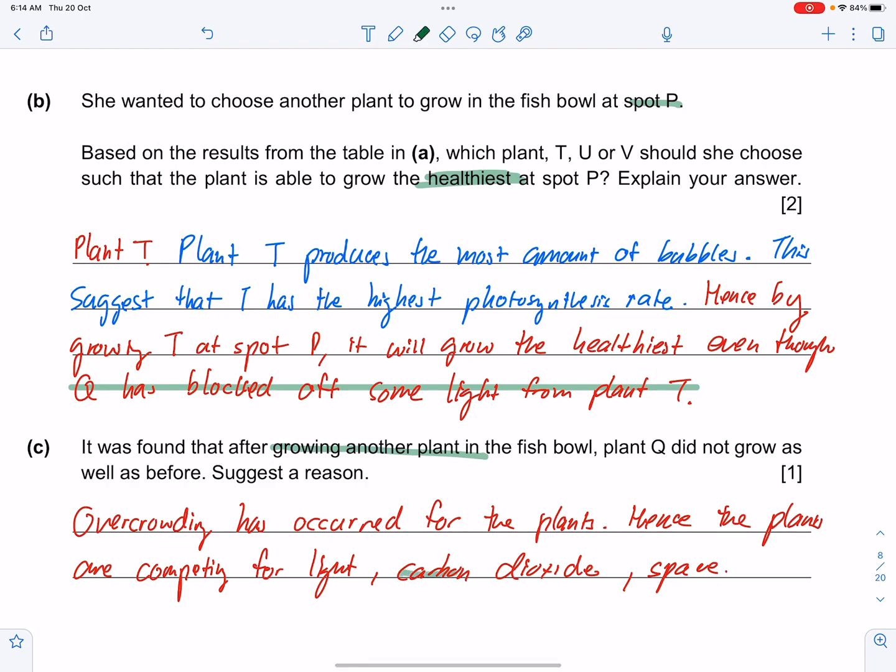But however, I just want to caution that this cannot be used for plants on land. Okay?